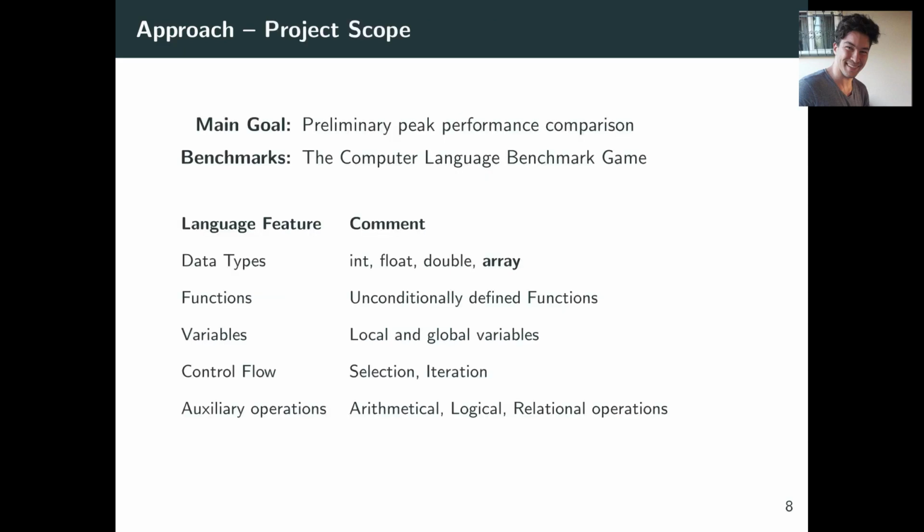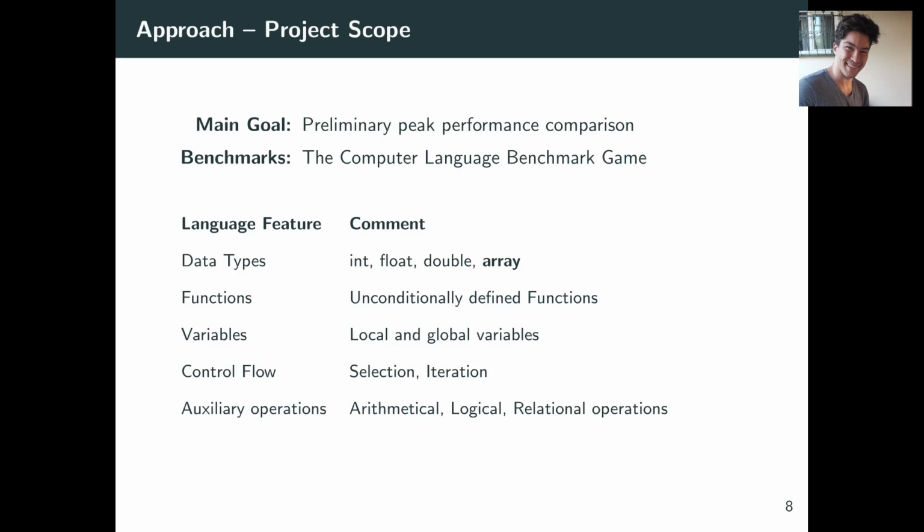So when determining the scope of this project, we systematically analyzed popular benchmarks from the Computer Language Benchmarks Game. These are often used by VM authors as optimization targets because implementing the whole specification was not feasible in the scope of our work. So what we've done is we analyzed benchmarks and selected key language features that were used in these benchmarks.